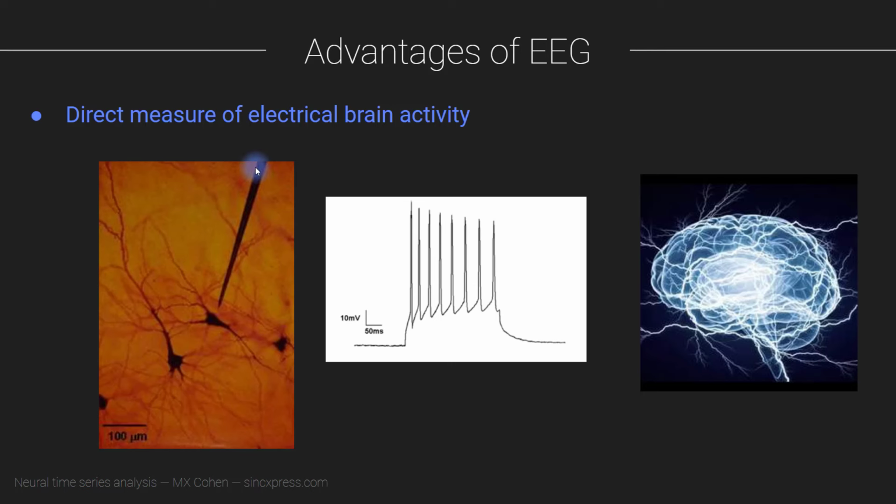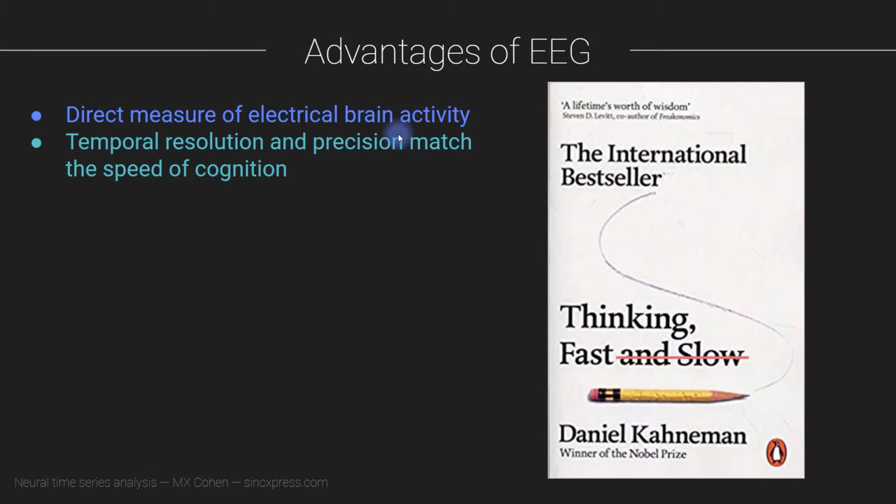This is a really, really tiny electrode that is actually able to isolate the electrical activity from one individual neuron. And if you would measure its membrane potential, it would look something like this. You can see that these are spikes corresponding to action potentials. This would be some little packet of information being transmitted to the next brain cell. Okay, so that's one advantage of EEG.